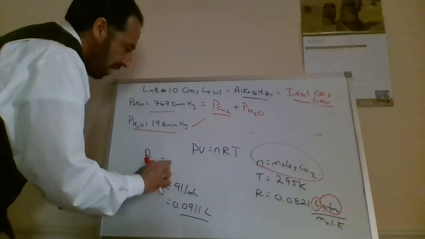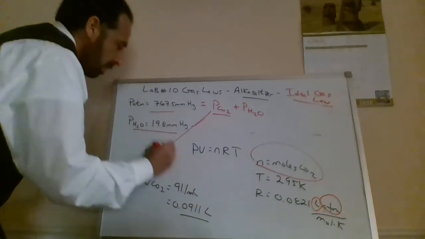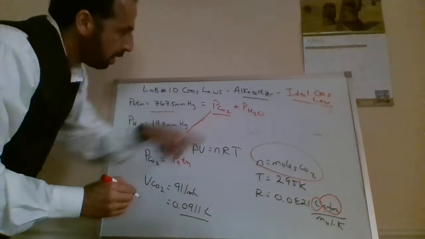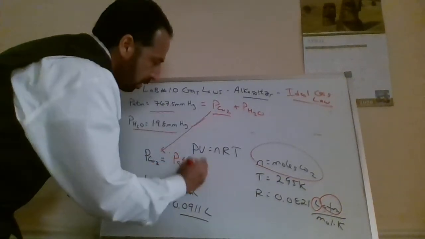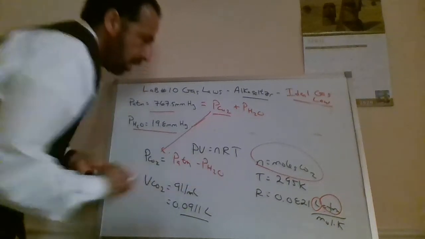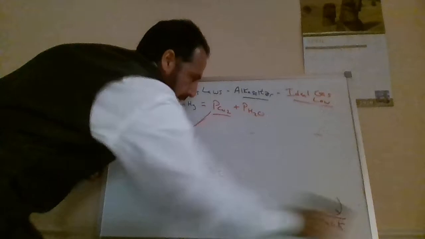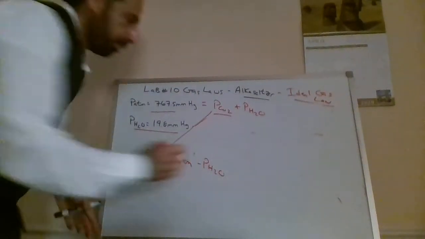So the pressure of carbon dioxide gas is the atmospheric pressure minus a little bit of pressure due to water, the water vapor pressure. So let me go ahead and plug this in.